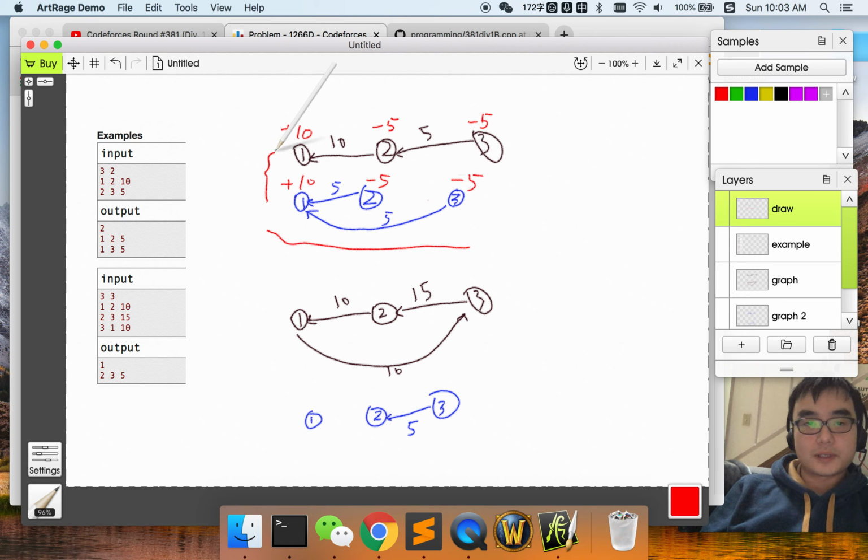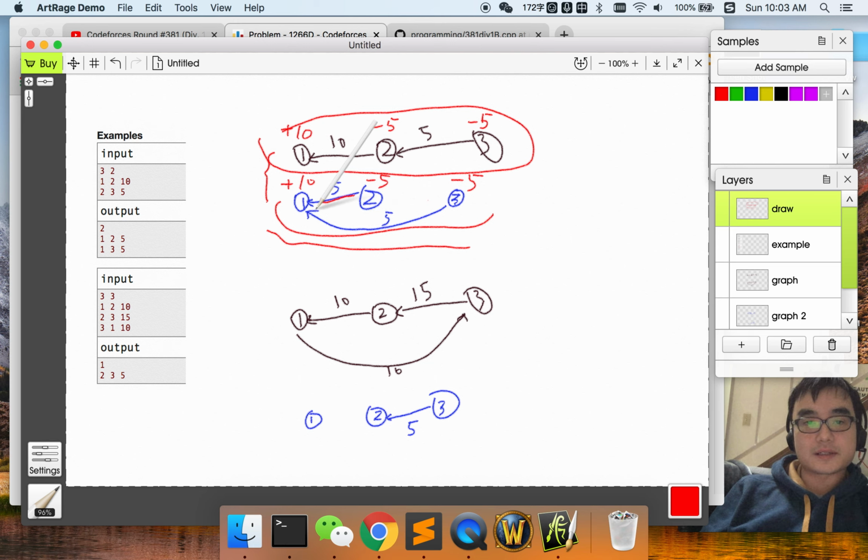So what we need to do is to transform this graph into another graph in which the total value of all the edges is minimal.